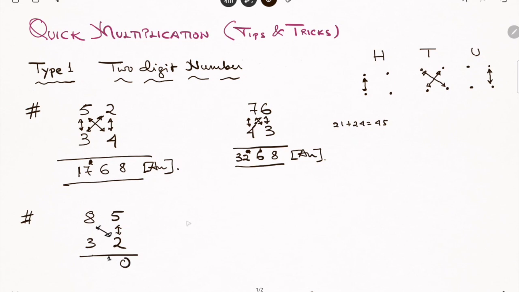Then 8 into 2, 16, plus 3 into 5, 15, that is 31, plus the carryover which gives us 32. So we write 2 and carry 3. Then 8 into 3, 24, plus 3 gives us 27. So the answer is 2720.